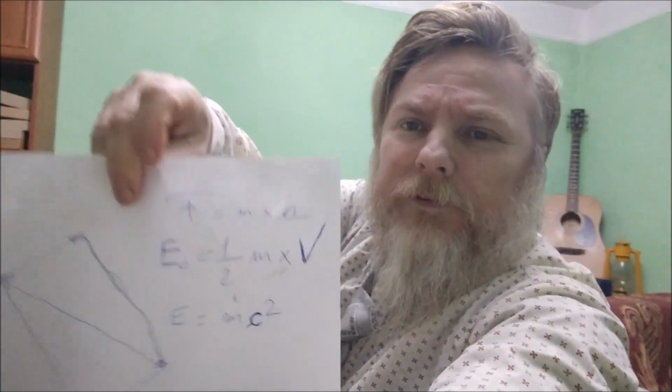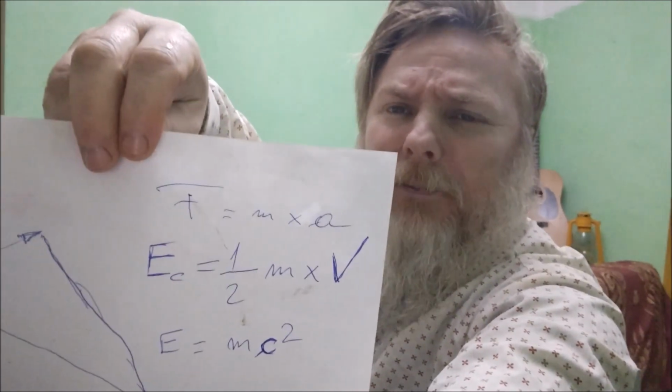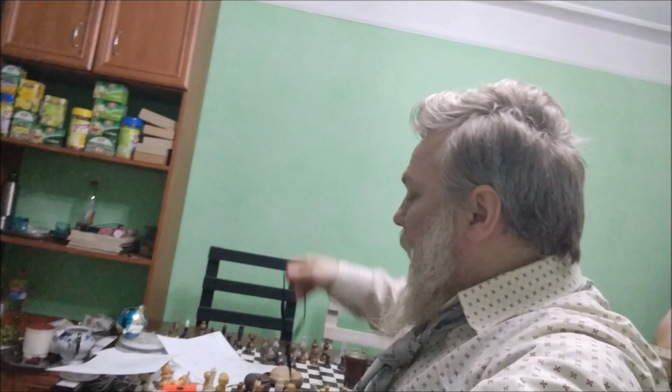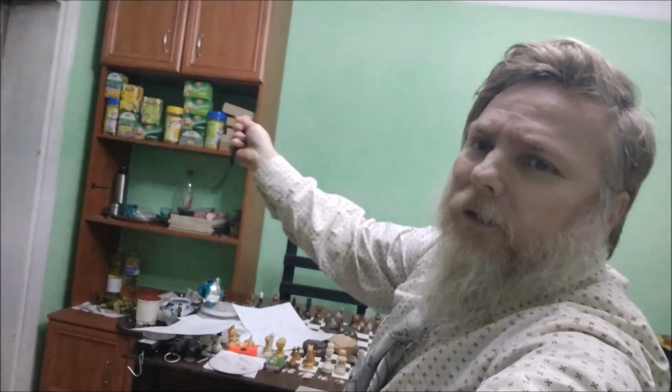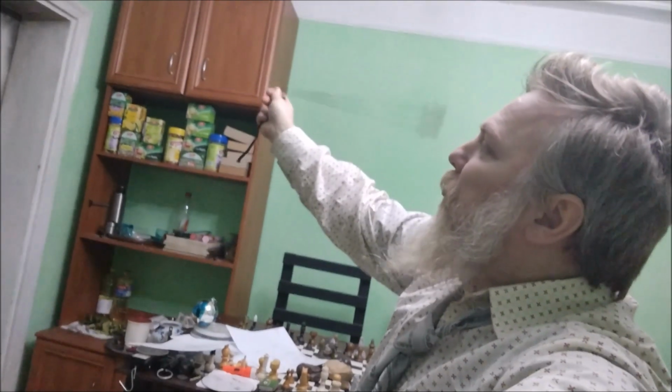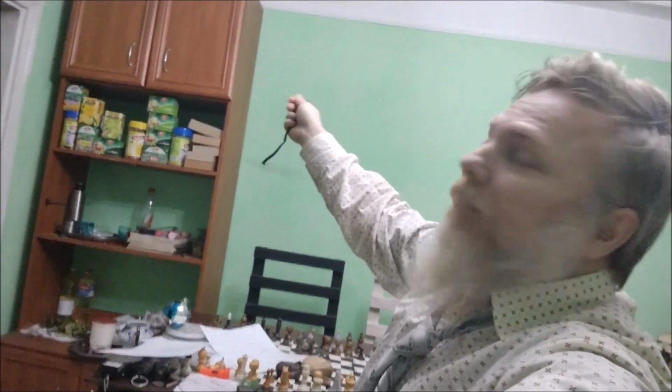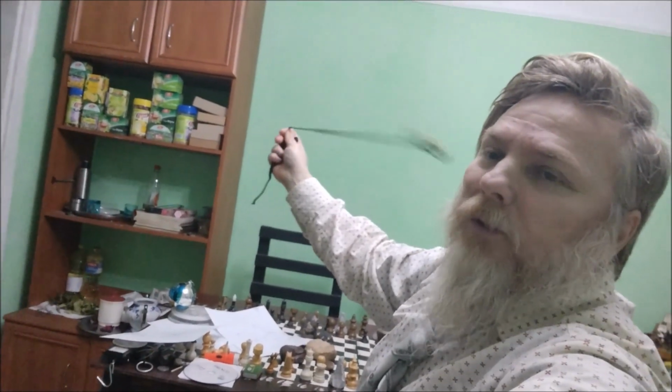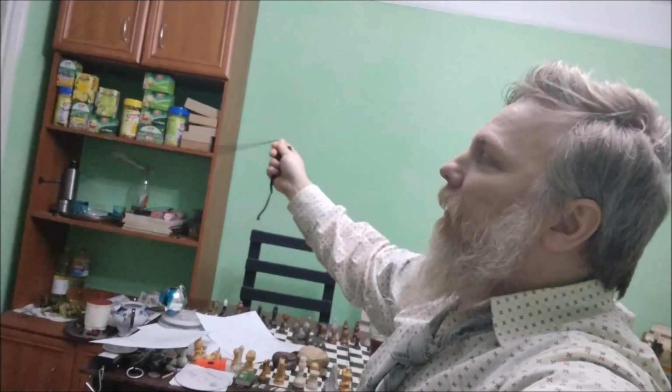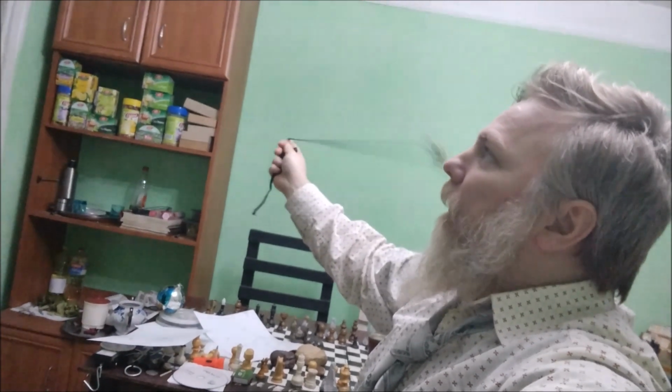Newton knew only this: force equals mass times acceleration. This force has a rectilinear case and a circular case. You see, Newton supposed that this is a circular case, a constant speed, and you can make this infinite.